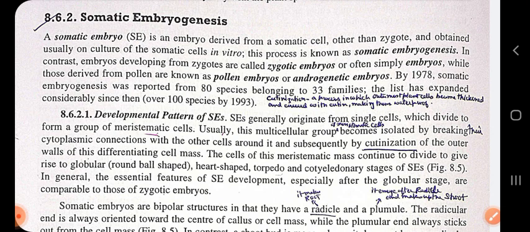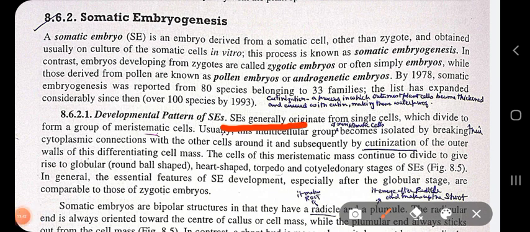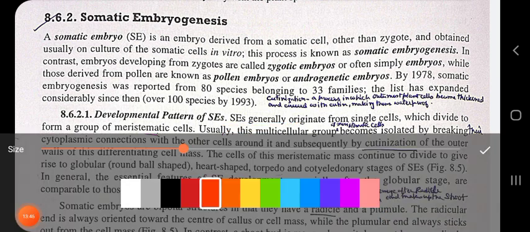It is saying that somatic embryos generally originate from single cells, which divide to form a group of meristematic cells.